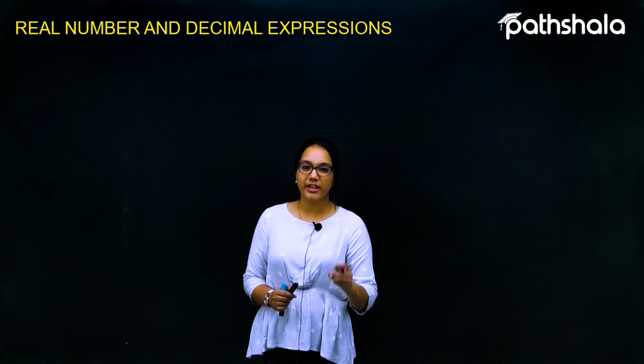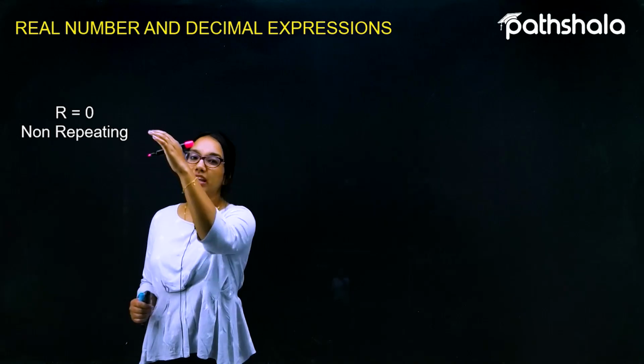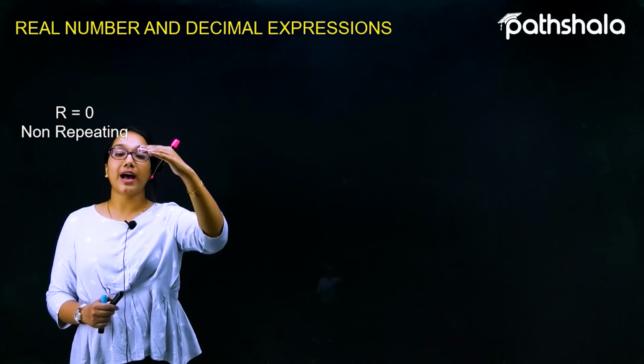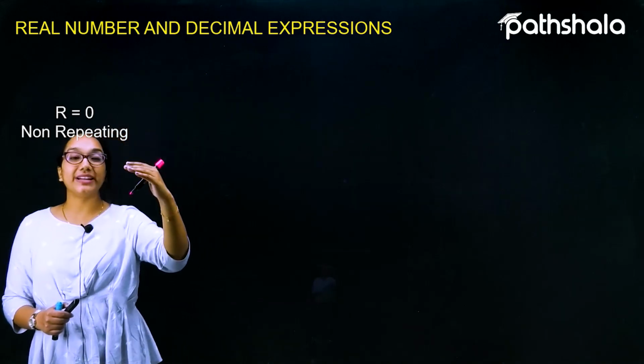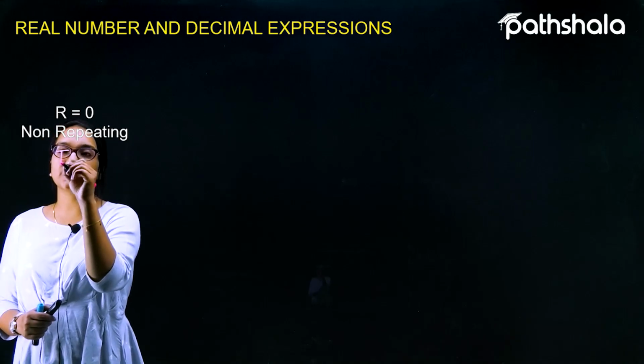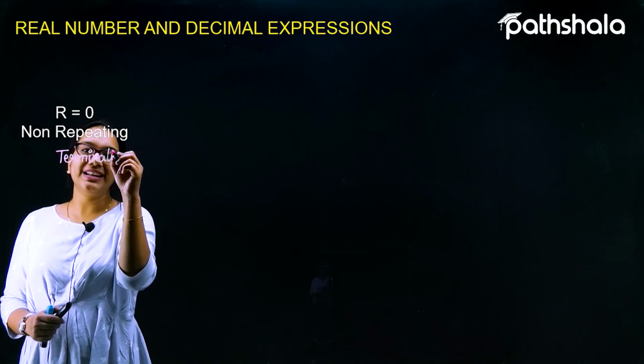So let's start with the very first number. As we know, the number in which the remainder is equal to 0 is called a non-repeating and terminating one. So let us suppose I am writing over here a non-repeating and terminating number.